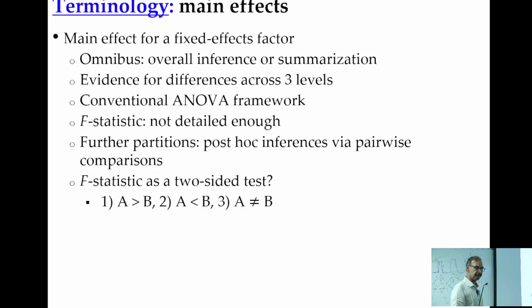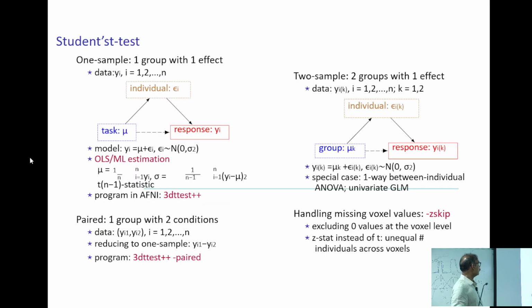So this is one way, right? So this is one sample, one group with one effect. So this is individual, the task, and the response, right?